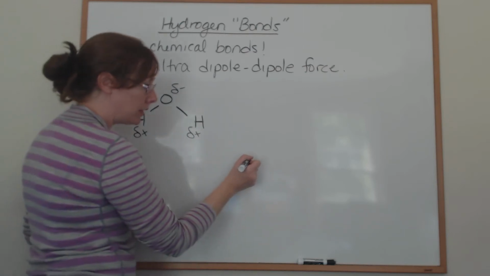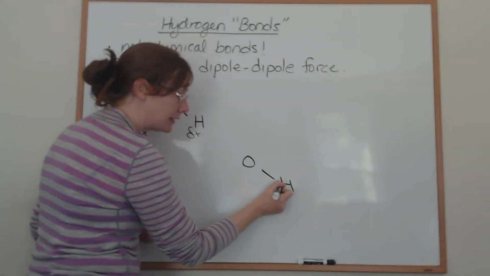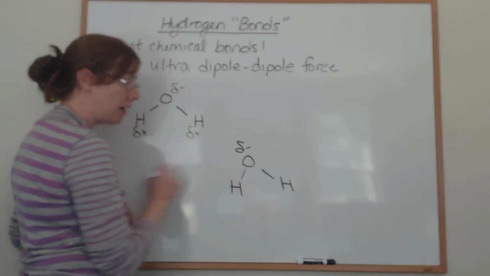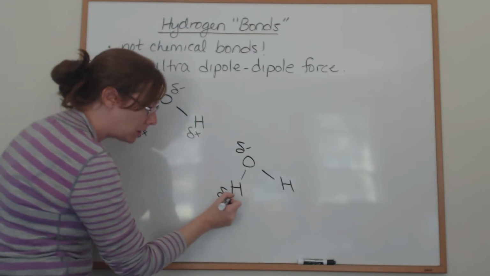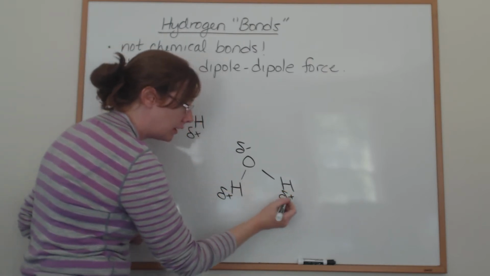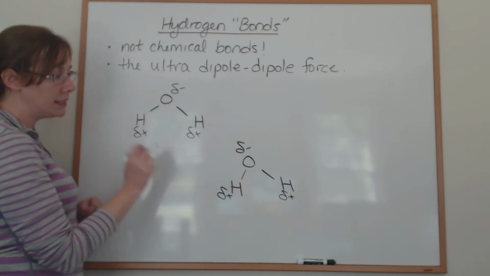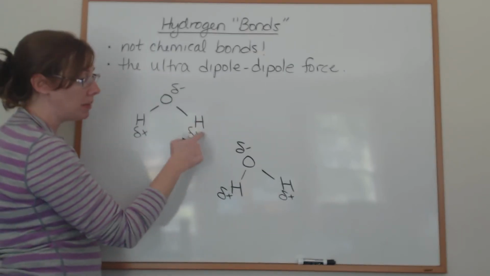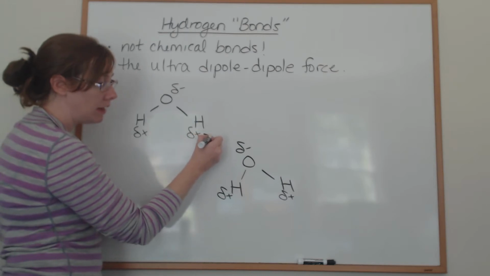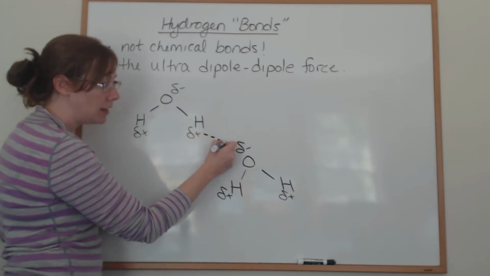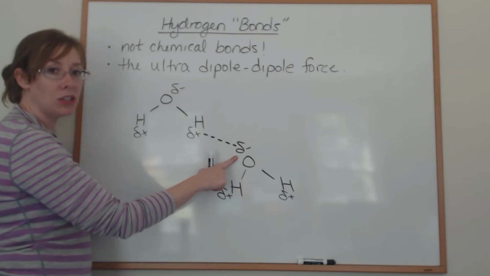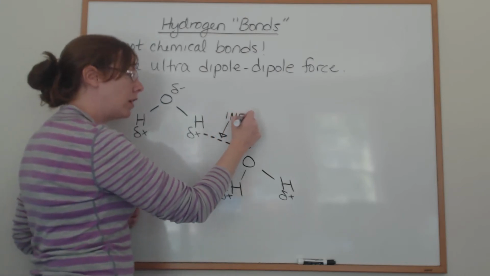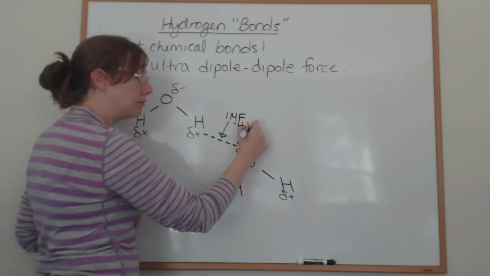I'll just draw the neighboring one down here, and it has the exact same situation. It also has a partial negative on its oxygen and a partial positive on its hydrogens. So you can see the interaction right here. There is an attraction between the positive end of one molecule, namely the hydrogen end, and the oxygen end of the neighboring molecule. And here is your intermolecular force, otherwise known as your hydrogen bond.